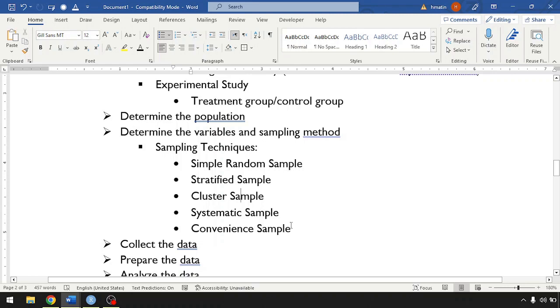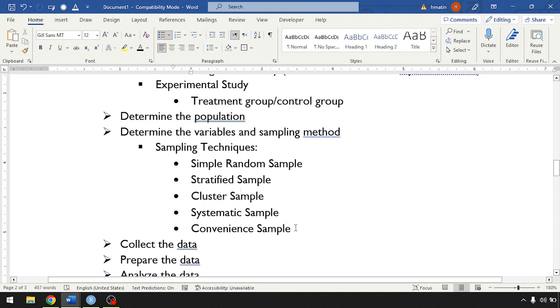For example, if we were to study the effect of medication on people with diabetes, instead of going to random places and surveying people for diabetes, we go to a diabetic center and establish a sample collection table there at the door of the diabetic center.